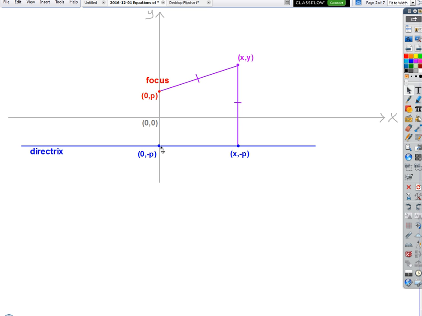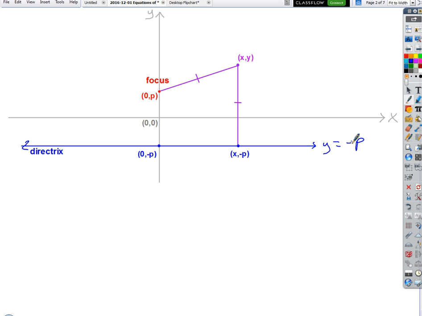We could change the value of P and probably change the parabola, right? If we call that P, then the coordinates of the focus are just going to be over 0 and up P, so (0, P), right? Okay, and then the equation of the directrix would just be the line y equals negative P. Everybody agree?